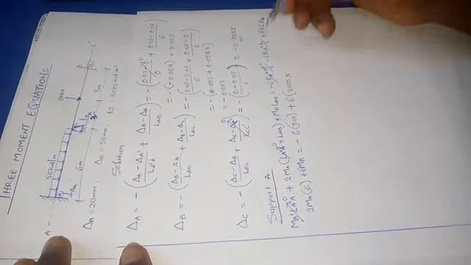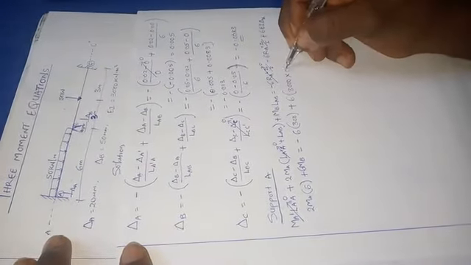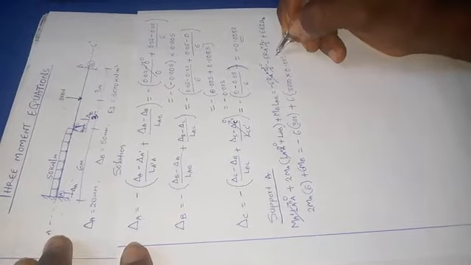multiplied by the settlement at A, which was 0.005.